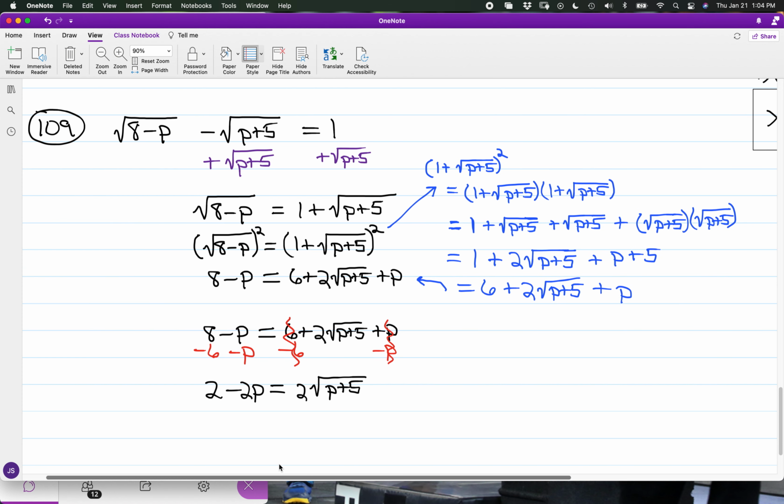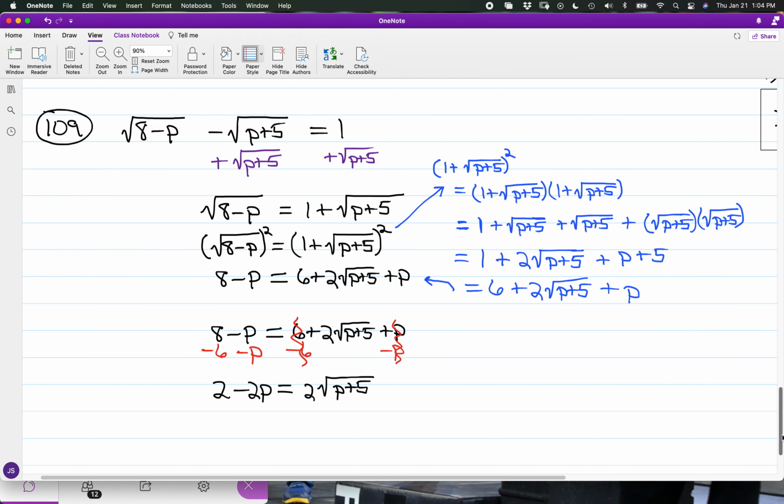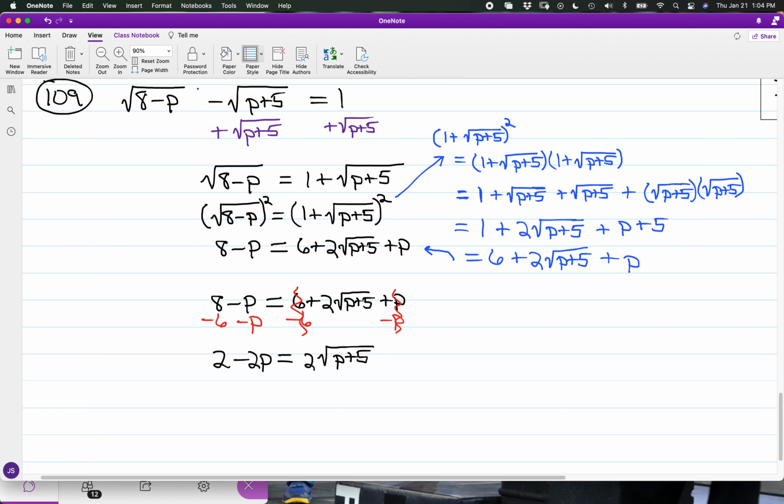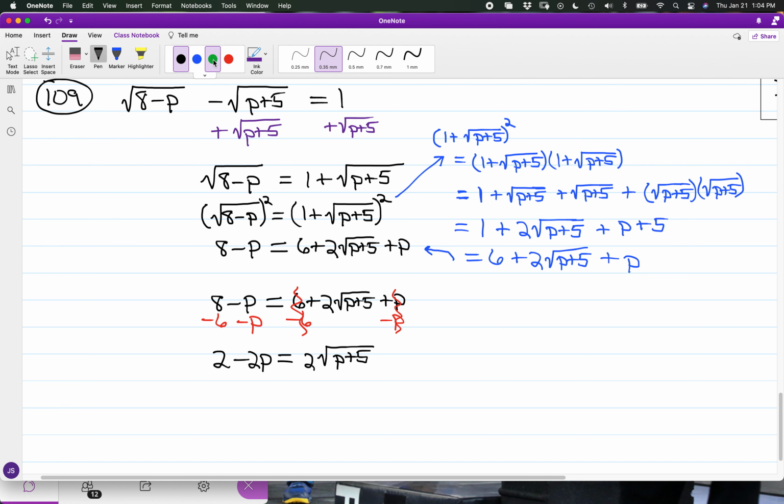Okay, if you notice, we have even coefficients throughout. So if I divide the equation by 2, that's just to lower the coefficient.